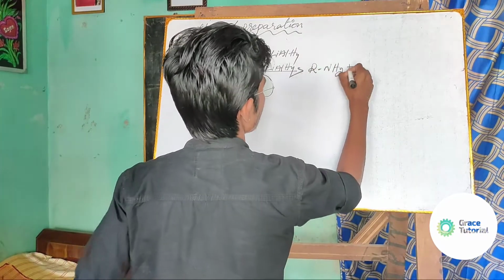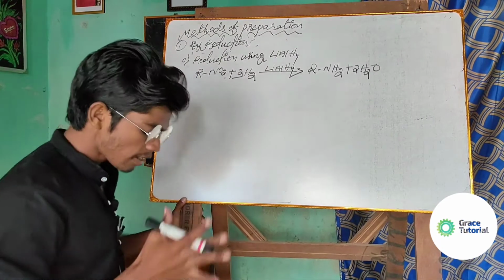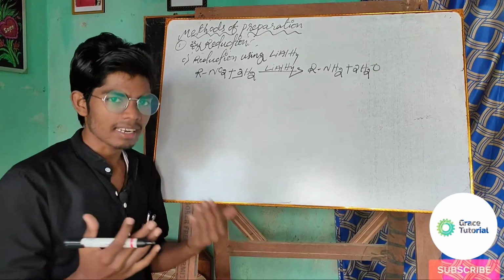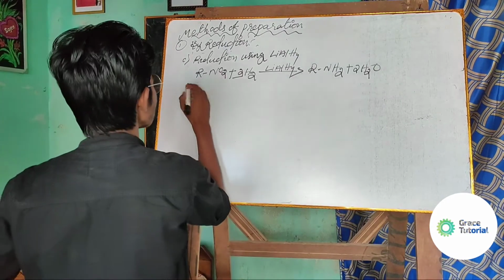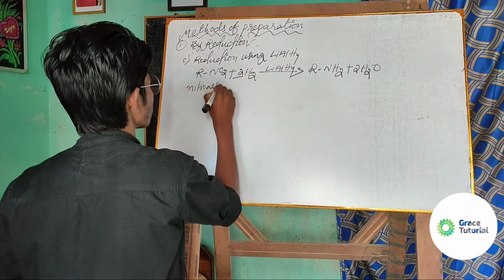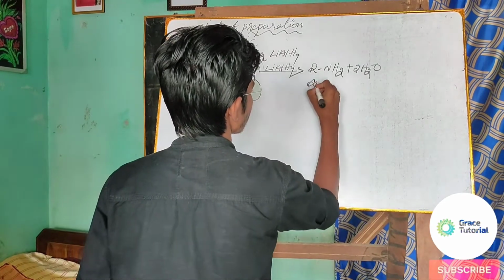Amine is obtained with 2 water molecules. All the reactions are almost the same, but the difference is that we need to use different reagents. So here this is nitroalkane, but here it has amine.